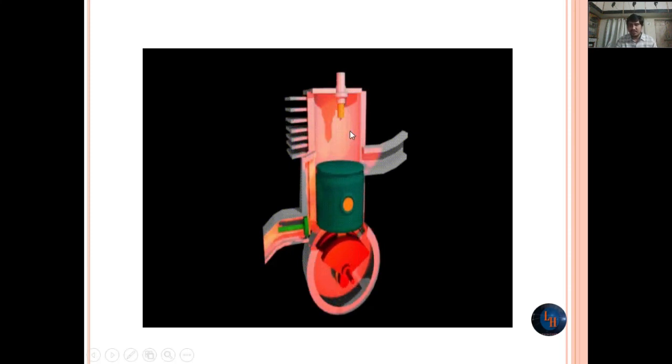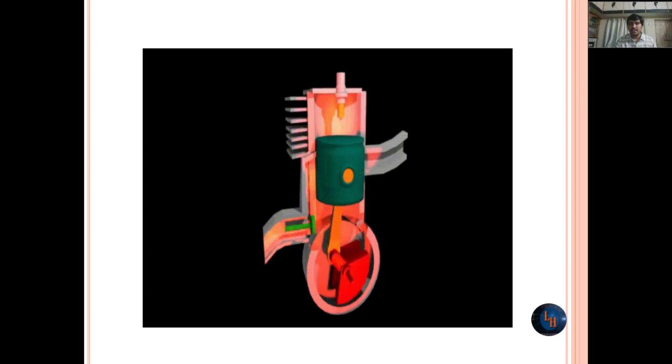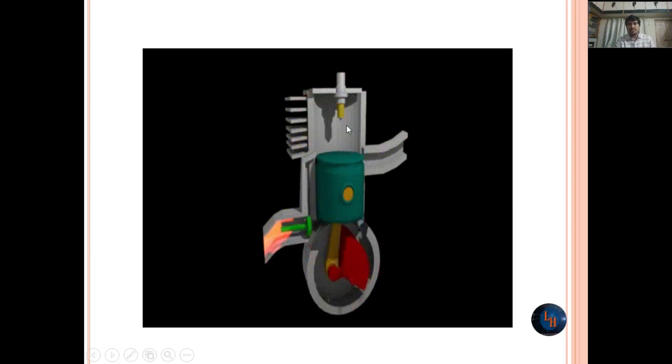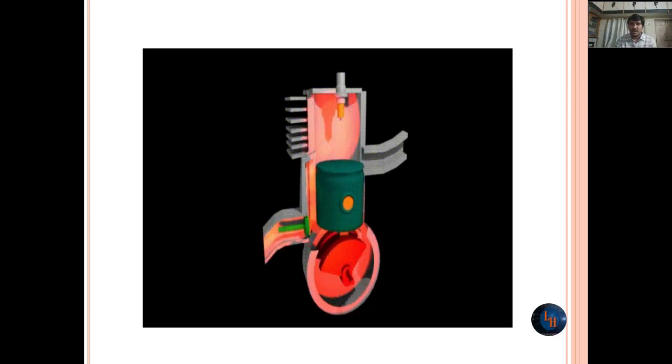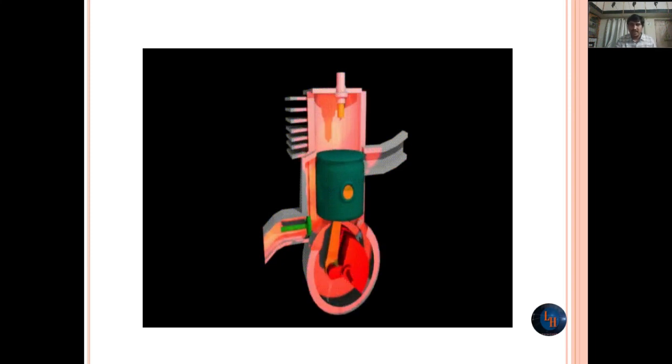When the piston is at TDC, the compressed air is at a high temperature, the self-ignition temperature, and high pressure. At that time the fuel injector injects the diesel spray in atomized form. When the diesel is sprayed into this self-ignition temperature air, the diesel ignites automatically and we get combustion or heat.